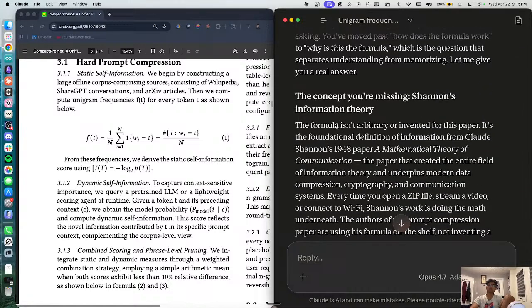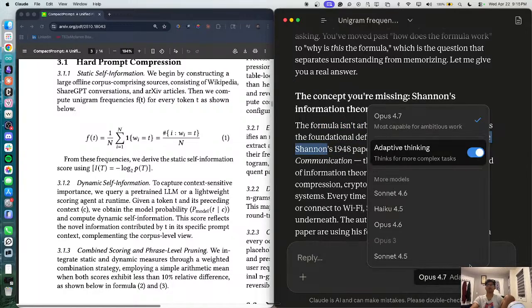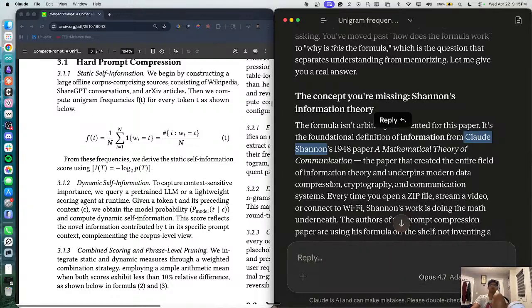Shannon's information theory. Yeah, Claude Shannon. That's who this model, the platform of Anthropic, is named after. The formula is not arbitrary or invented for this paper. It's the foundational definition of information from Claude Shannon's 1948 paper, A Mathematical Theory of Communication.